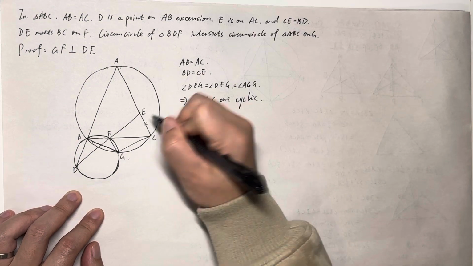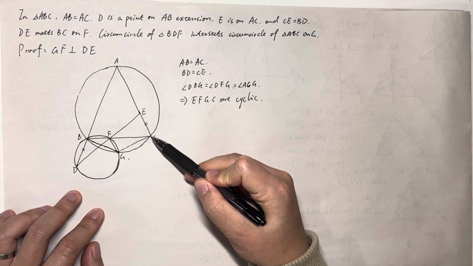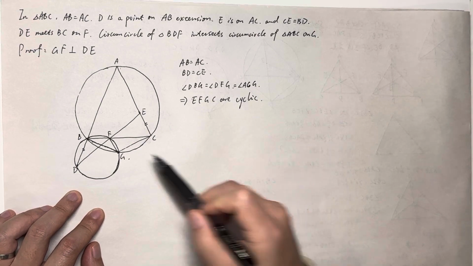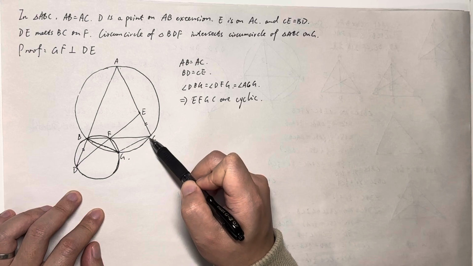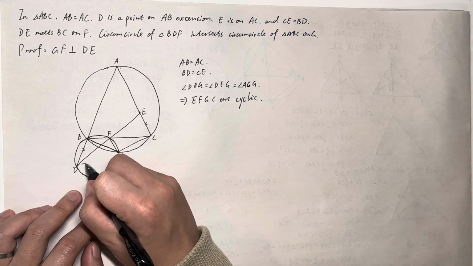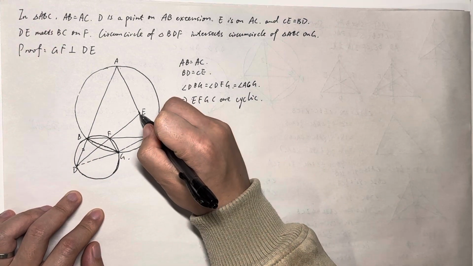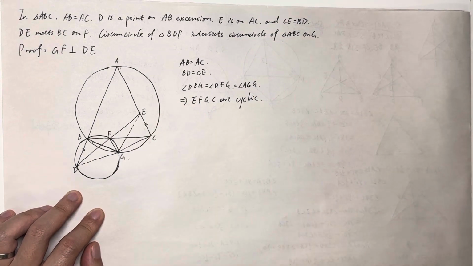Now look at here. BD equals EC. And we know that EFGC are cyclic, and BFGD are cyclic. So we connect DG here, and we connect EG here.